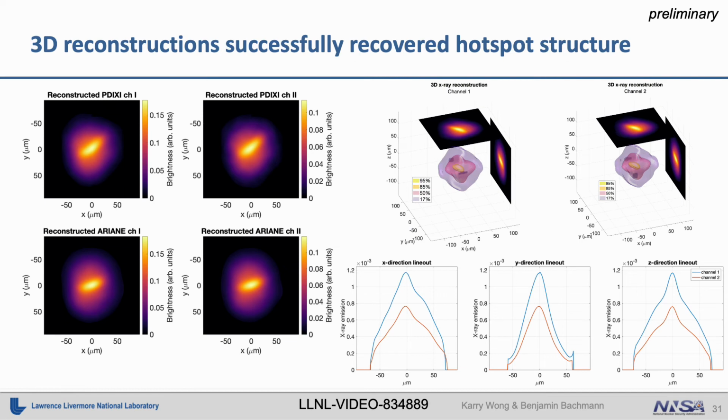And we perform the 3D X-ray reconstruction. As you can see here, there is a distinctive mix feature, the brightest tube feature here. With our algorithm, we successfully reconstruct that brightest X-ray emission feature, as indicated in the central line out as well in both channels.